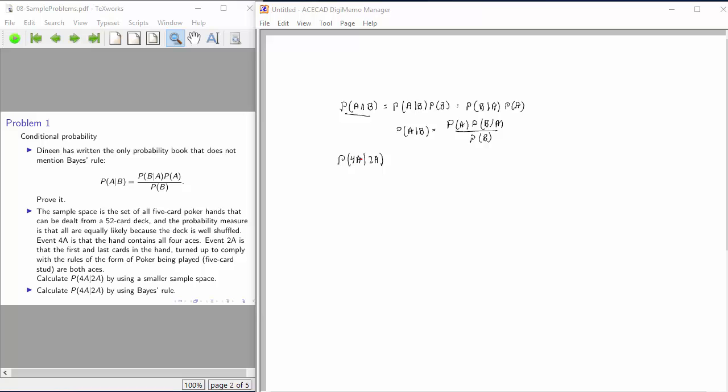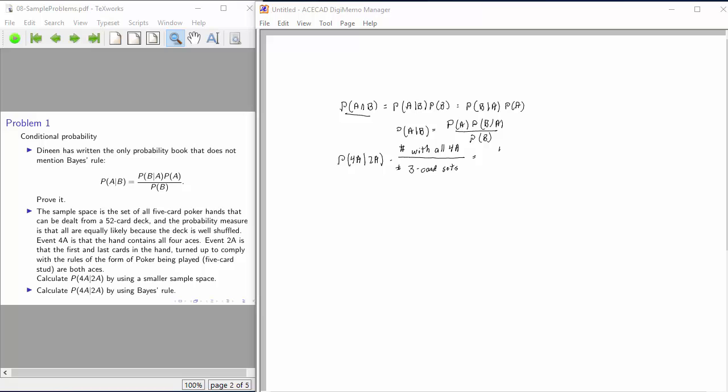And one way to do that is to say, I'm now considering a probability problem with a smaller sample space, namely the set of all shuffled 50-card decks, 52-card decks minus 2 aces, and what I am doing is selecting 3 cards at random from that deck. And the probability that my opponent has all 4 aces is that the number of 3-card sets with all 4 aces has to be divided by the number of 3-card sets.